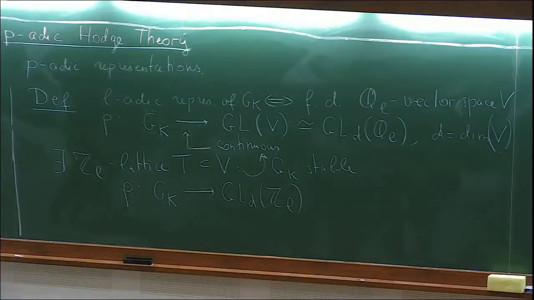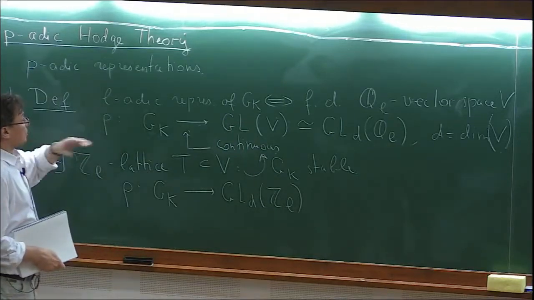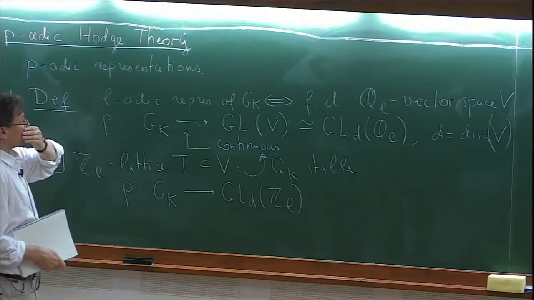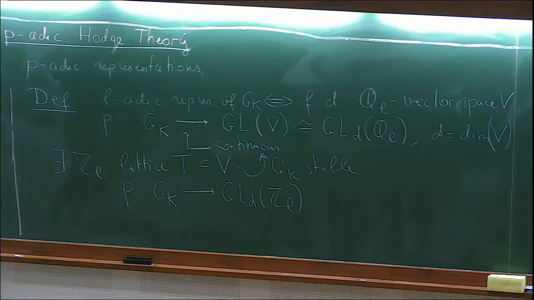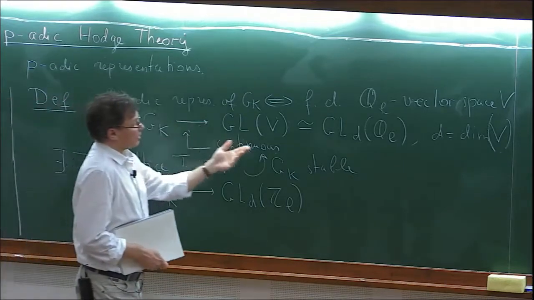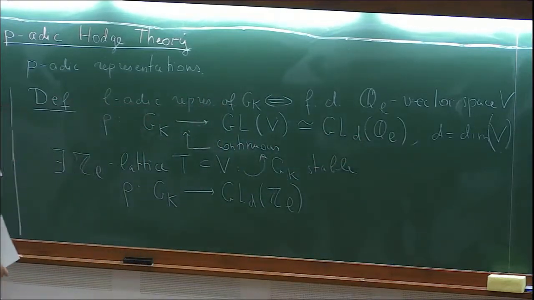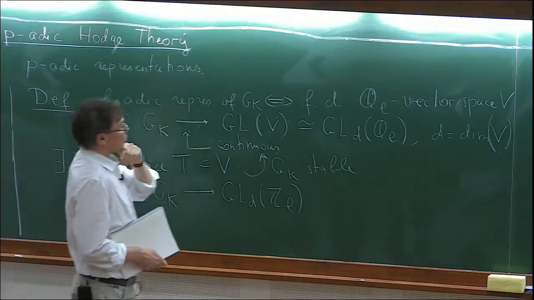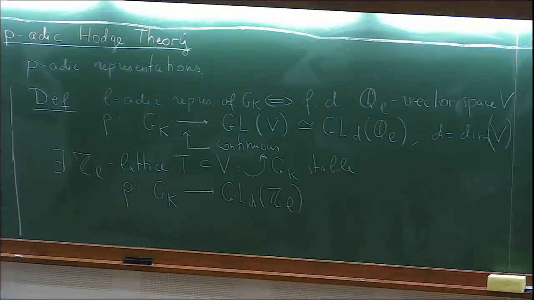So why these objects are interesting: there are many reasons. First of all, they appear naturally in algebraic geometry as Tate modules of abelian varieties, or more generally as l-adic étale cohomology of varieties over fields.